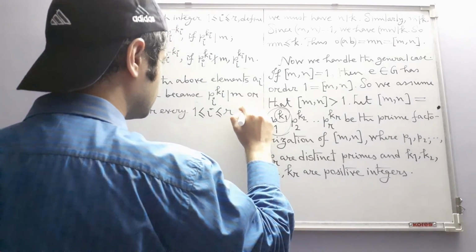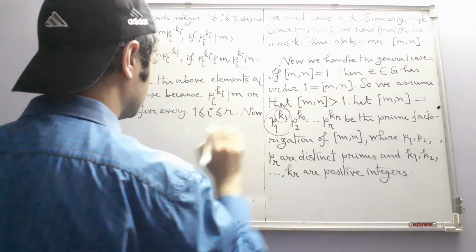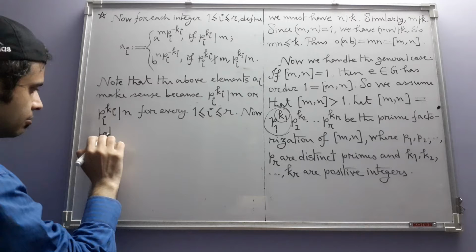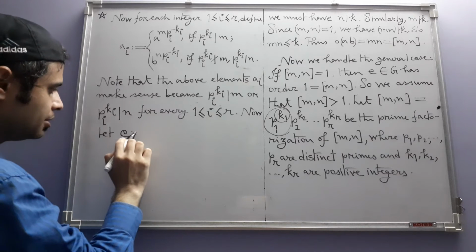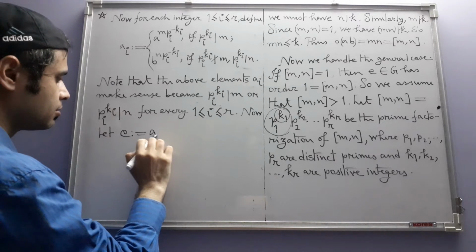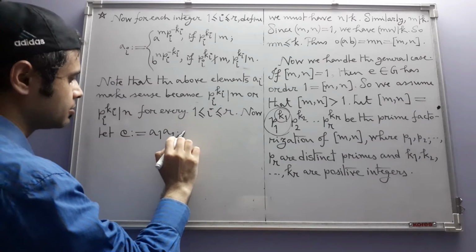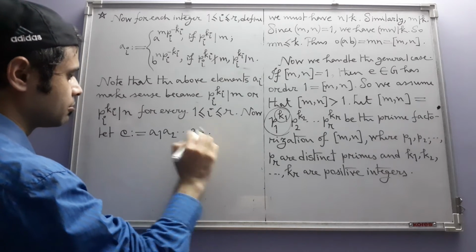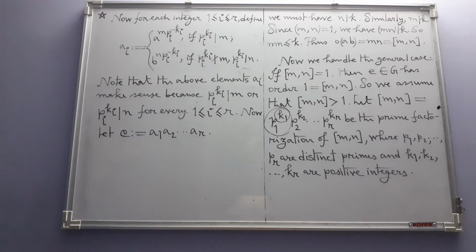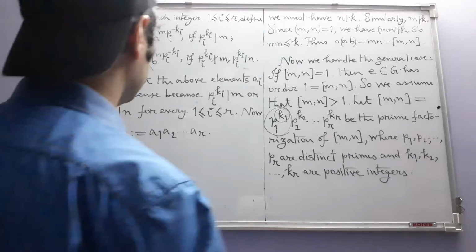Now let C be the element that is the product of all these ai's. Okay, that is the product of all these ai's.